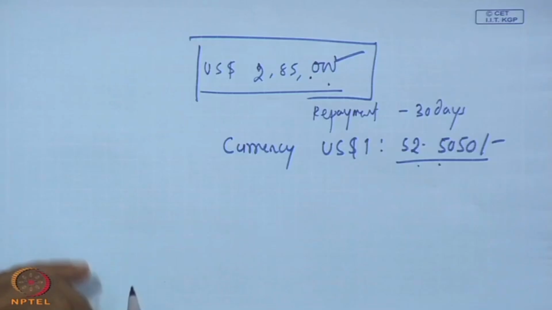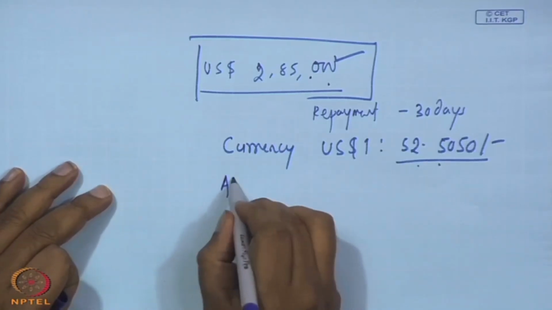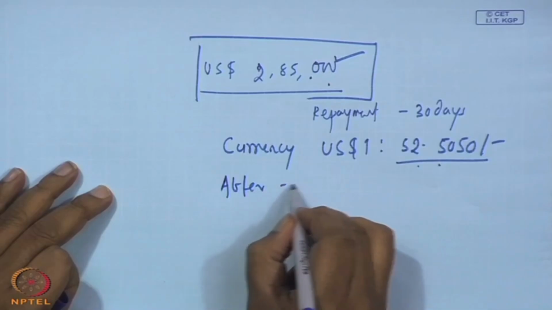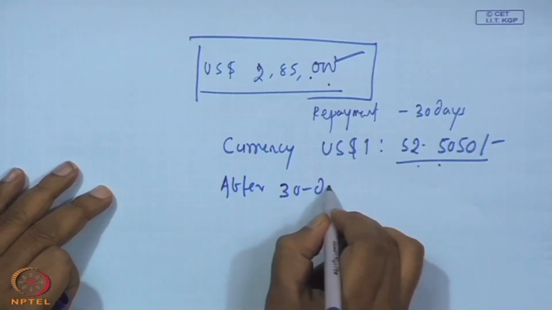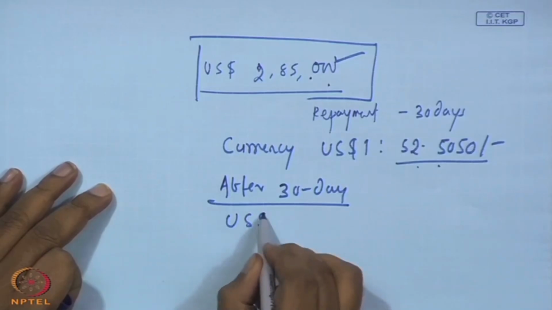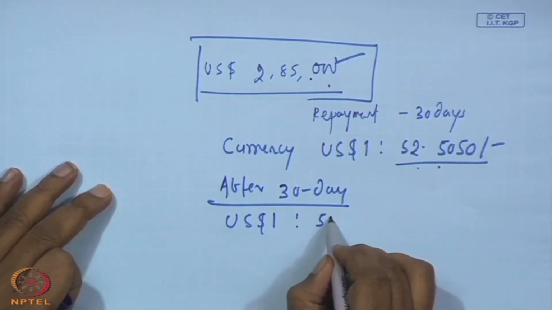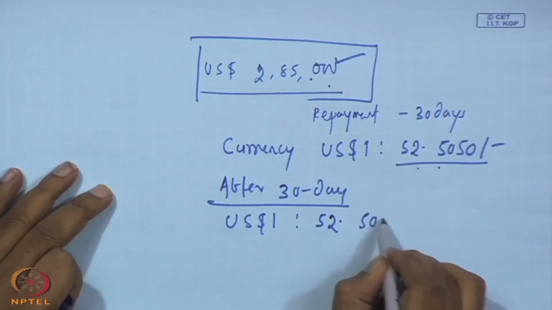Suppose the US dollar after 30 days is quoted at 52.5005.